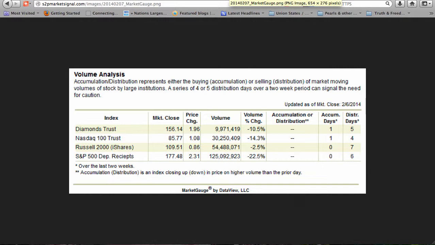Accumulation days are counted when the index closes up on higher volume than the prior day, while distribution days occur when the index closes down on volume higher than the prior market day. Last week also, the Russell 2000 ended in neither accumulation nor distribution mode.